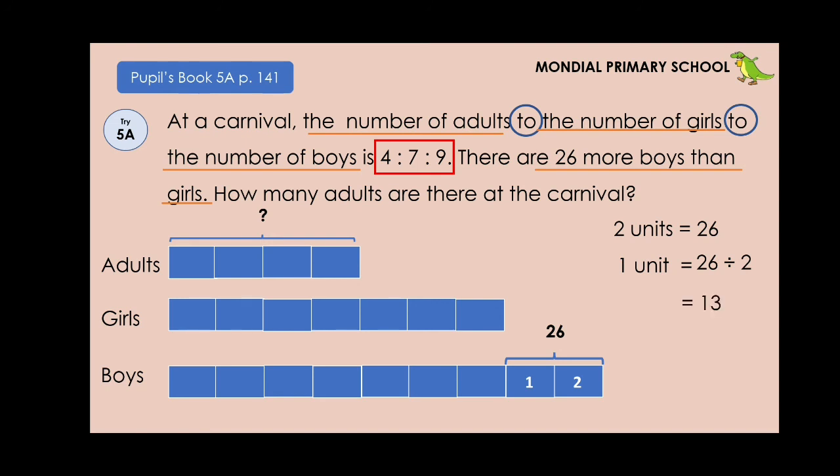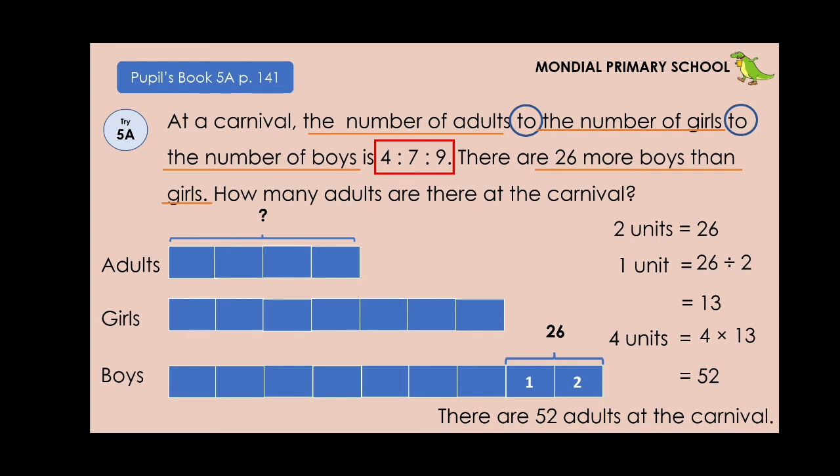Good job. 4 units. 4 times 13. What is 4 times 13? It is 52. Well done. Remember, you have to write the sentence. So, there are 52 adults at the carnival.